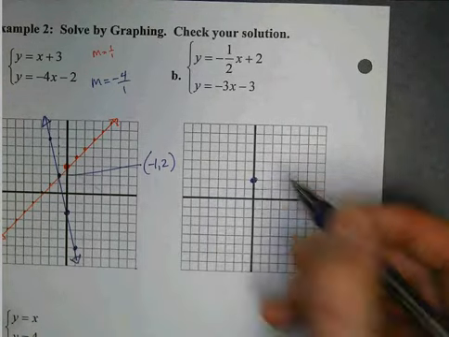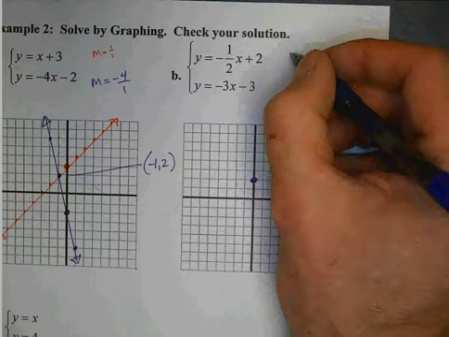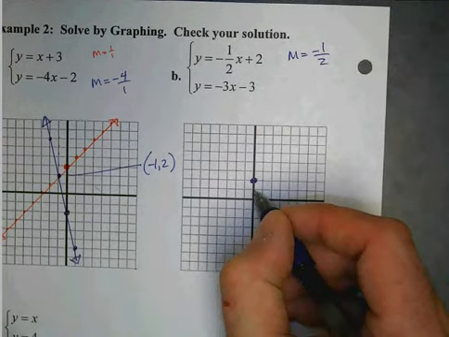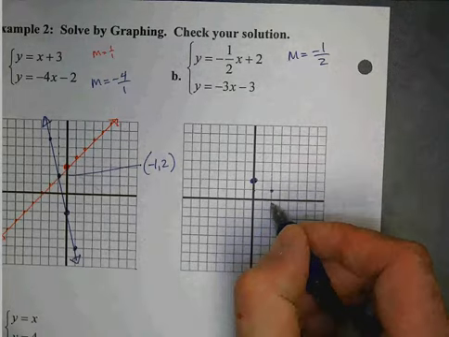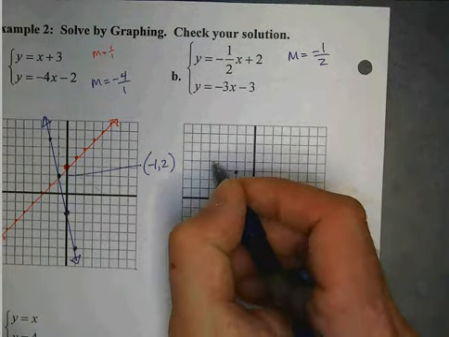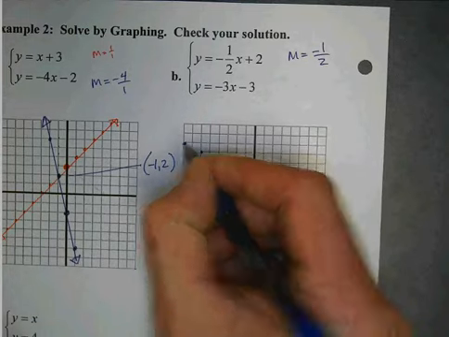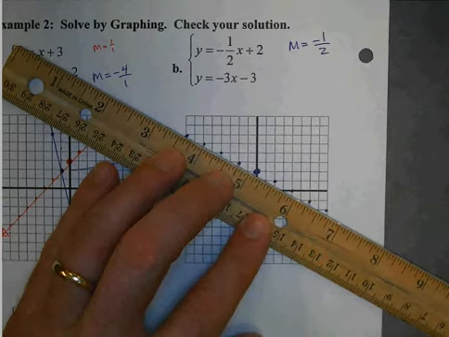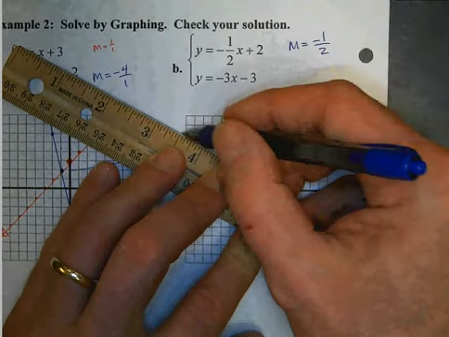Good. Kyle, what's my slope? Well, your slope is negative 1/2, so you're going to go down 1 over 2. Always run to the right. There we go. Carefully, I'm going to draw this line.